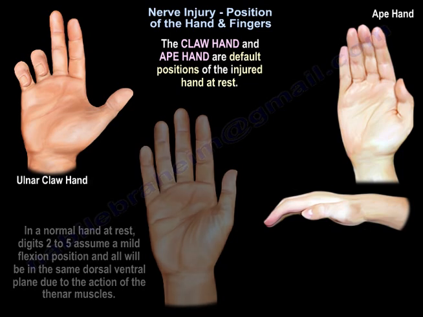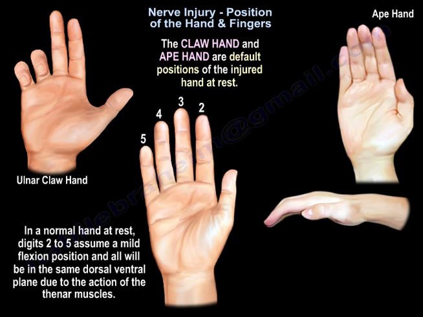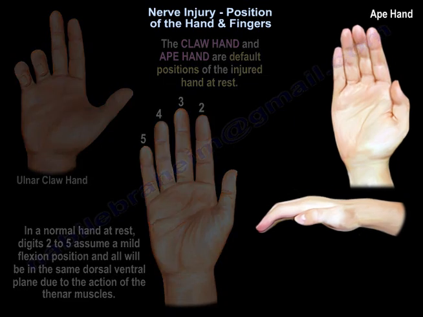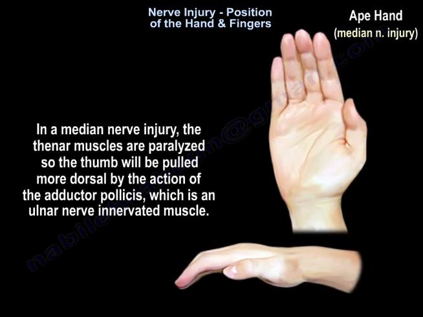In the normal hand at rest, digits 2 to 5 assume a mild flexion position, and all will be in the same dorsal-ventral plane due to the action of the thenar muscles. In a median nerve injury, the thenar muscles are paralyzed, so the thumb will be pulled more dorsal by the action of the abductor pollicis, which is an ulnar nerve innervated muscle.